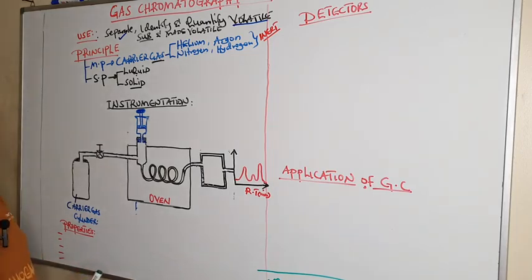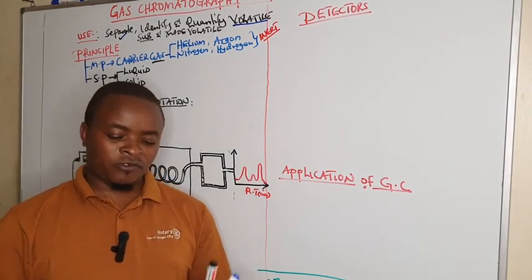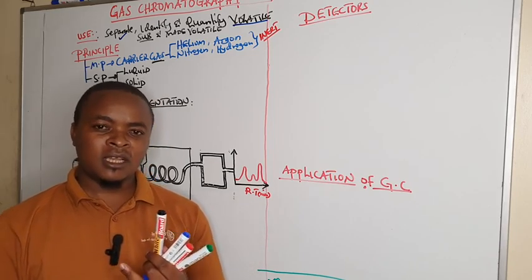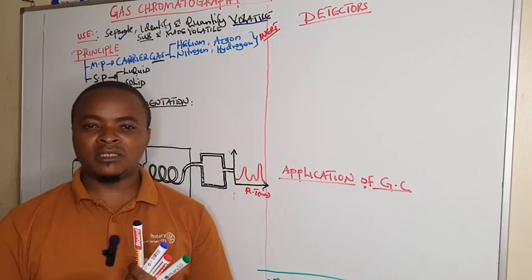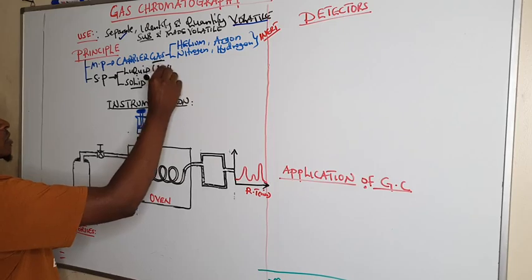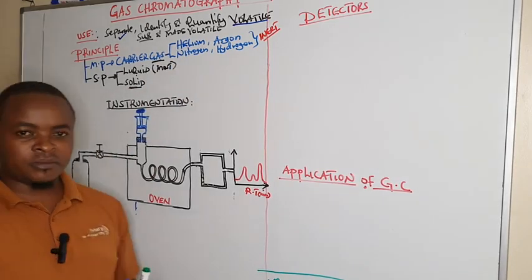So those are the two types of gas chromatography. In gas liquid, the mobile phase remains a gas, then the stationary phase is a liquid, which is the most commonly used and preferred, but we can also have the solid.